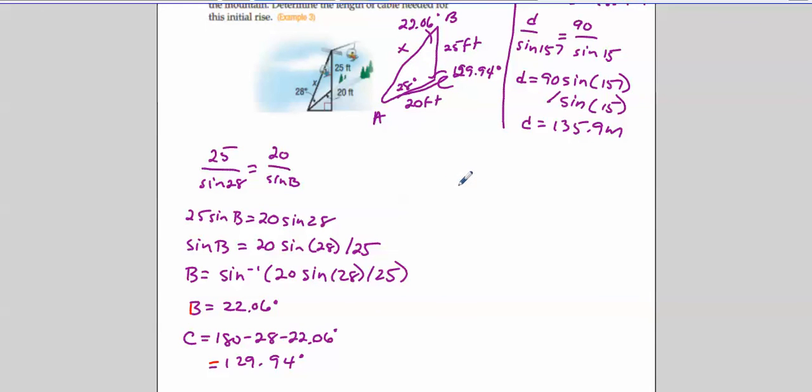So we'll have x over sine 129.94 equals, and we can do 25 over sine 28. So multiply both sides by sine 28.